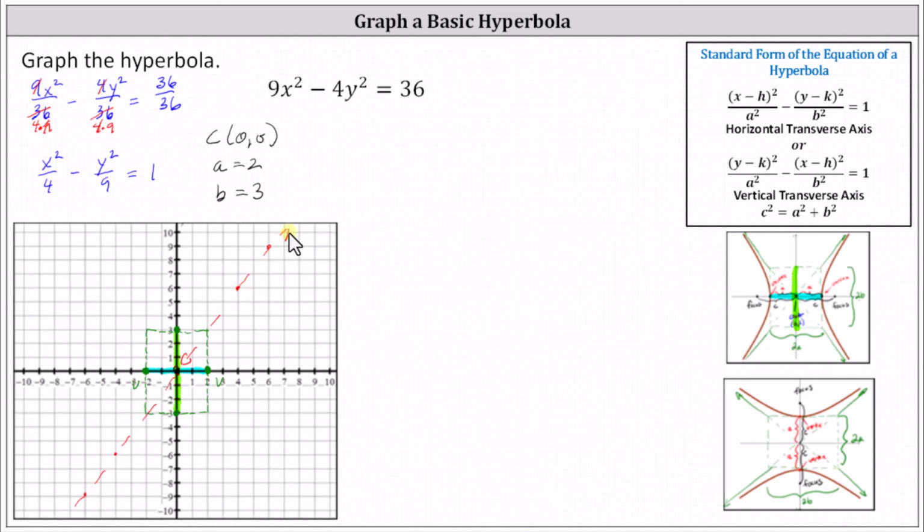And because this asymptote has a slope of 3 halves, the asymptote with a negative slope will have a slope of negative 3 halves. From the center, we can go down 3 and right 2 as many times as we need to. We can also go up 3 and left 2 as much as needed. Let's sketch the other asymptote.